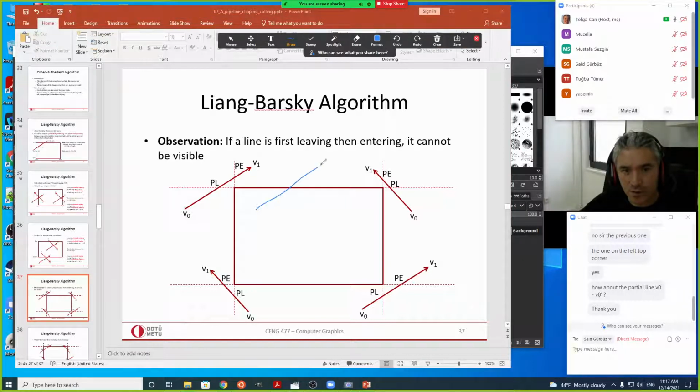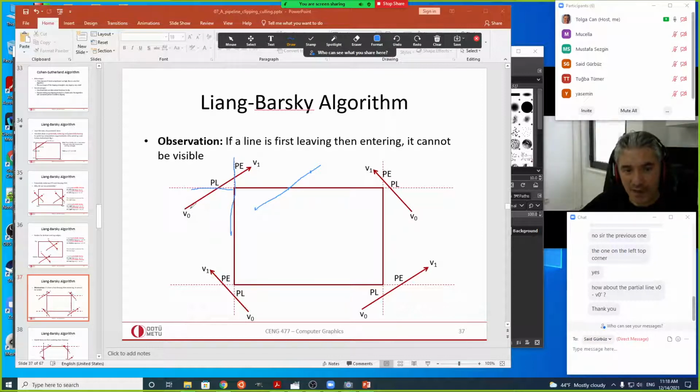You're also here potentially leaving the top boundary, but as you can see, you're not potentially entering the left boundary. You're already inside at this point, according to the left boundary. Both of them are inside the boundary. But here, this is potentially entering the left boundary, but it's leaving the top boundary.